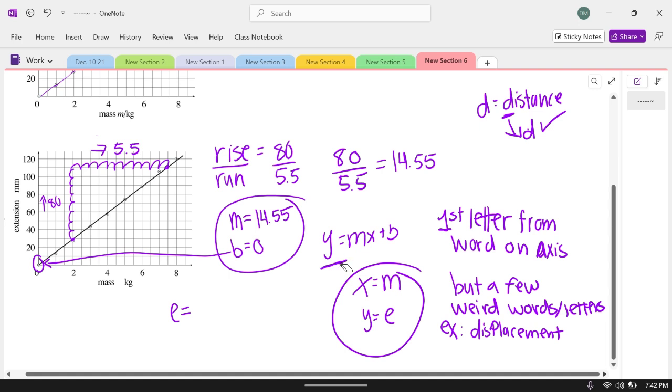Then I'm going to take m, which was actually slope, and replace that with 14.55. Then x is also going to be replaced with its letter from the x-axis, so we're going to multiply by m. And lastly, add my y-intercept, so plus 0. Let's go ahead and simplify. E equals 14.55 m.